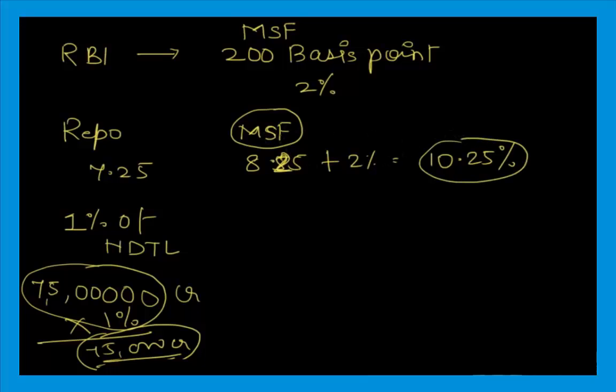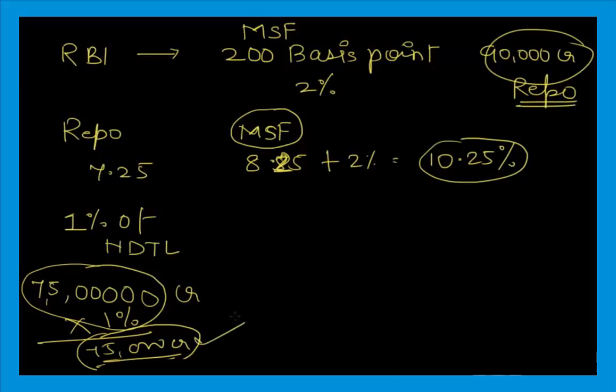So now understand, the first thing that they did was, from the 90,000 crore rupees that was available under the repo before, they lowered it down to 75,000 crore rupees by keeping a cap, saying only 1% of NDTL can be borrowed under repo.